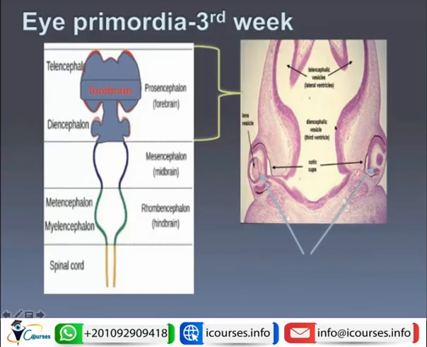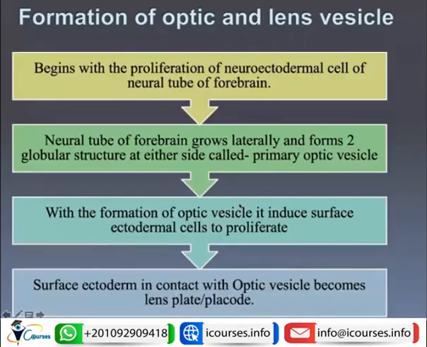So they will develop from the forebrain as a vesicle or a swelling on both sides of the forebrain tube that starts to migrate laterally until they reach the surface ectoderm. The development of the optic vesicle is in close relation with the development of the lens, so both of them depend on each other.